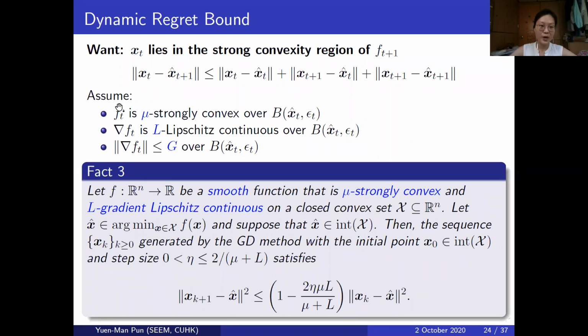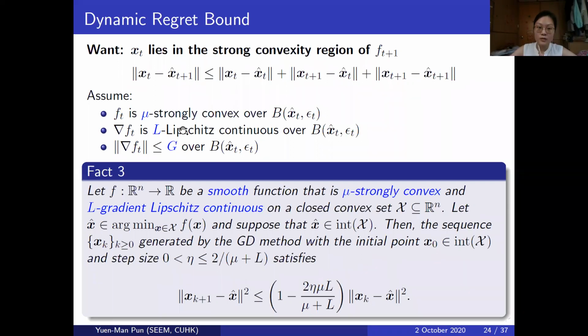And here we first assume that ft is mu strongly convex over the local strong convexity region, and then the gradient is L Lipschitz continuous, and the norm of the gradient is upper bounded by some G over the local strong convexity region. So these are some standard assumptions in the online optimization literature.